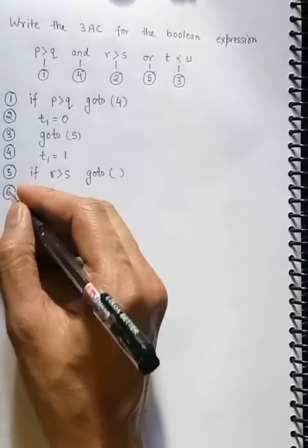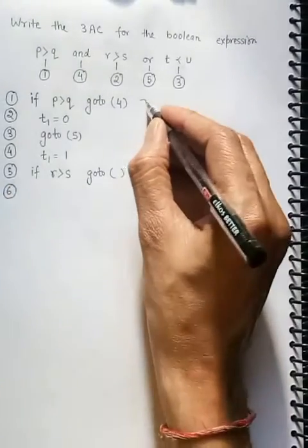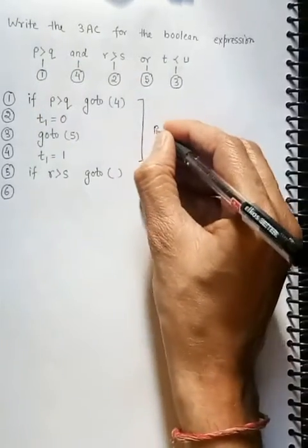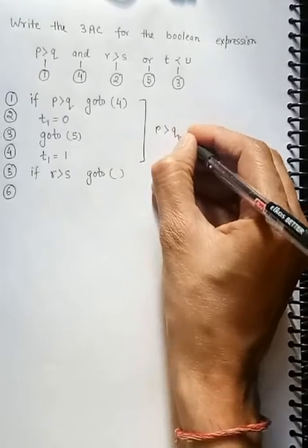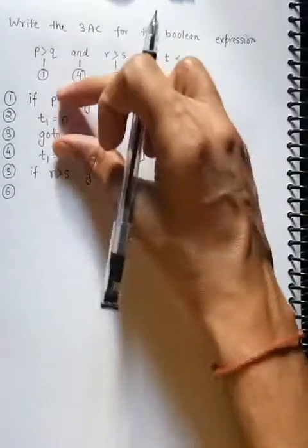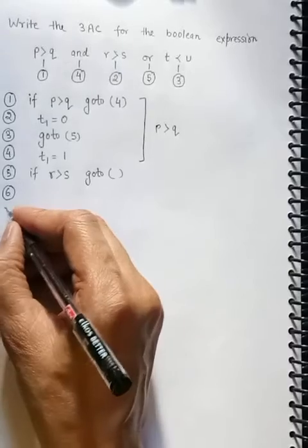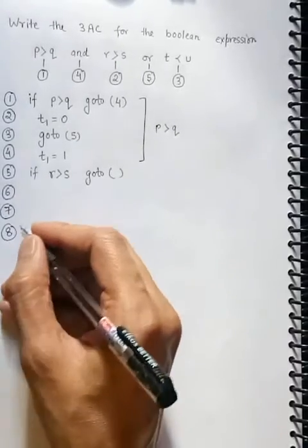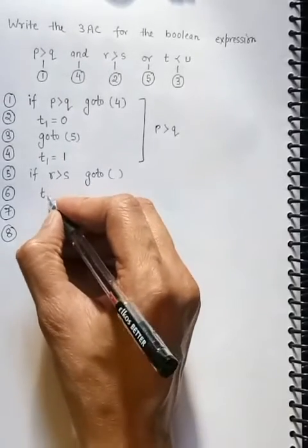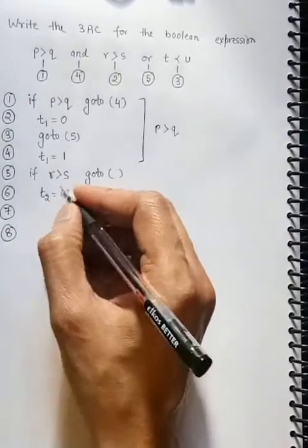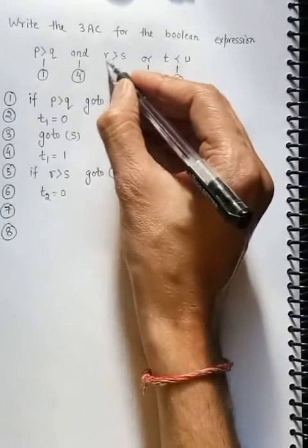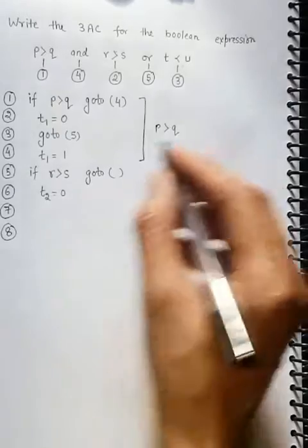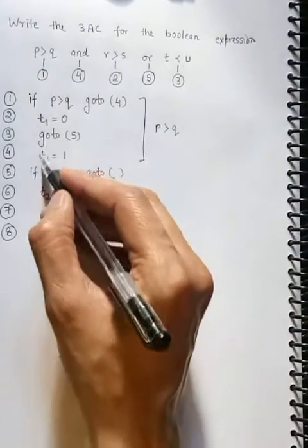The same system is followed here, because this structure is valid only for p greater than q. Okay, so here you can easily see that. And if we follow the same structure, you can again see that t2 equals 0, because to store the value of this expression we will use a compiler generated temporary variable t2, and for p greater than q we have used t1.